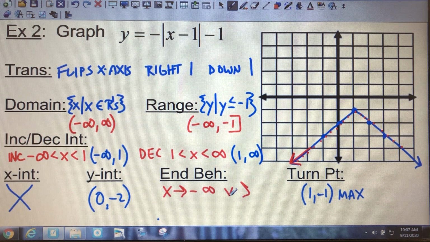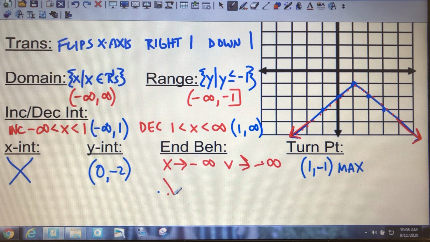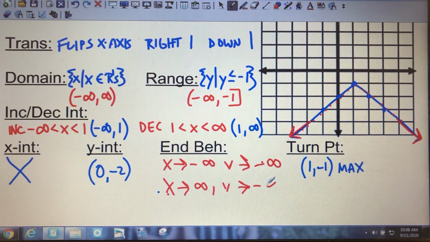I don't know why this is not right. All right, so I'm not sure why that's not coming up. So X approaches negative infinity, Y approaches negative infinity. That's your left-hand end behavior. The right-hand end behavior, X approaches positive infinity, and Y approaches negative infinity.